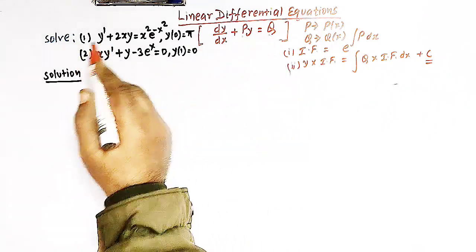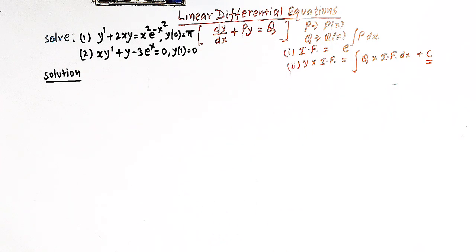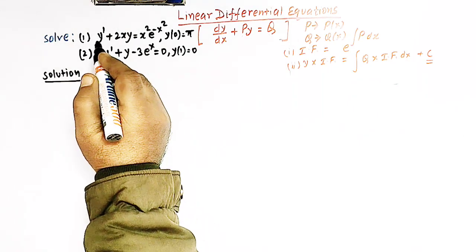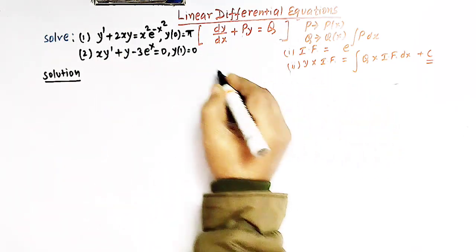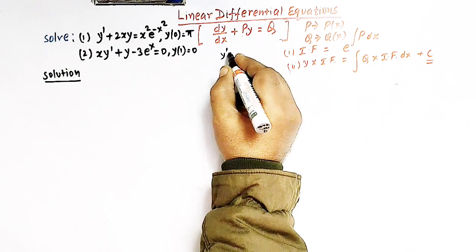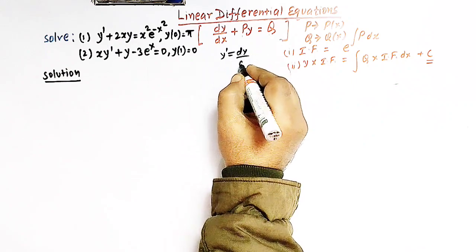So let us first solve equation number 1. So let us first write this equation in this form. So y prime can be replaced by dy over dx.